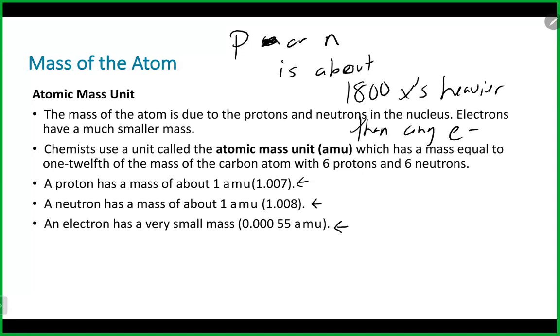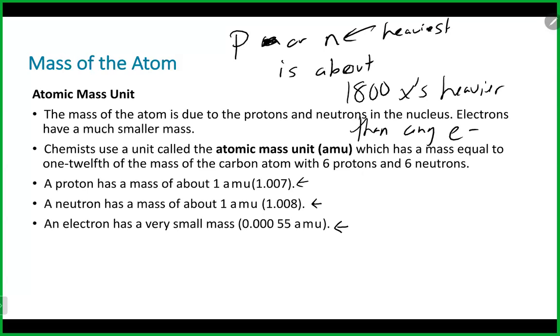Believe it or not, the heaviest is the neutron. It just barely beats out the proton. They're very, very close to each other. If you go about 3 decimal places, the neutron beats it, but they're super close. But in order, neutrons are the heaviest, protons are pretty much right next to them, and then electrons are way, way lighter particles.